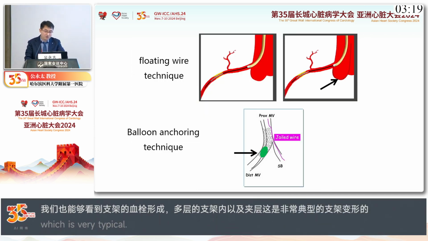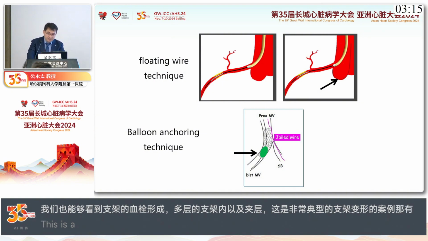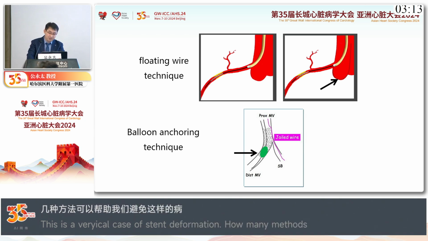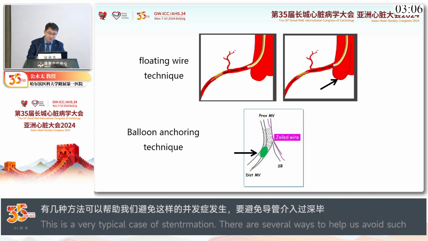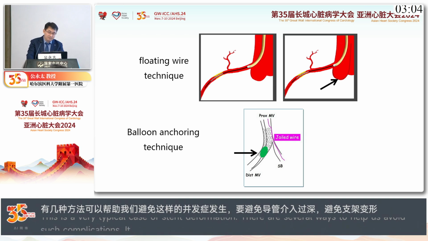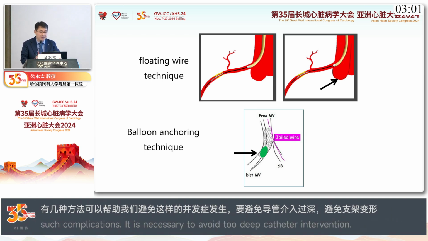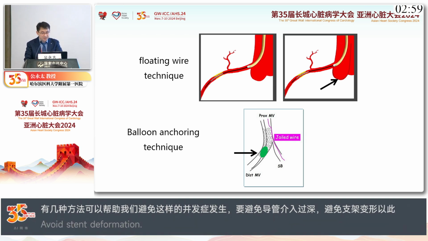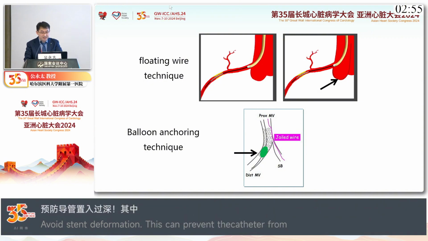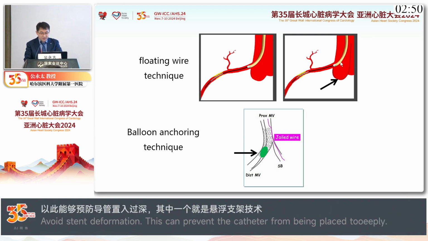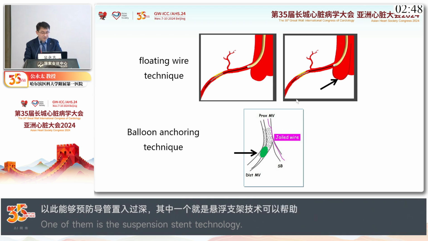There are several methods to avoid the catheter engagement and to avoid the stent deformation. One method is the floating wire technique, which can prevent the engagement of the catheter.